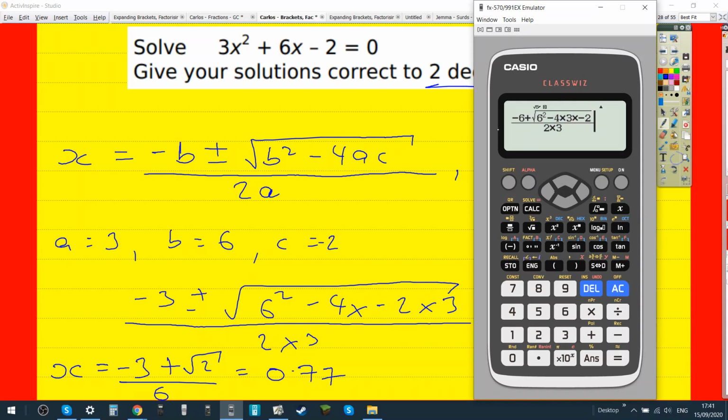I got minus 3 add 2 square root 15 over 6. So this is what I'm getting. Minus 3 plus root 15 over 3. How is your one different from my one?